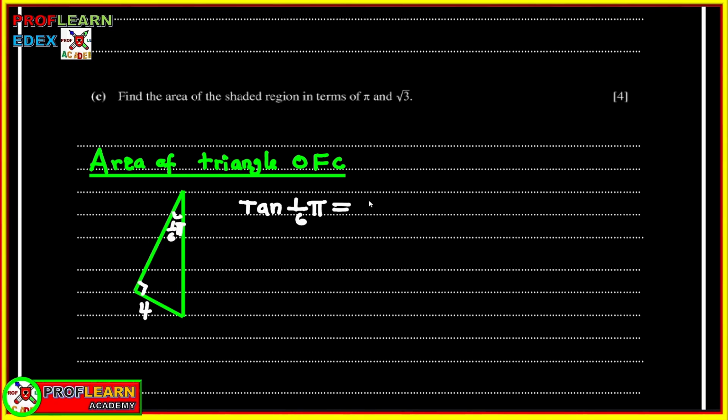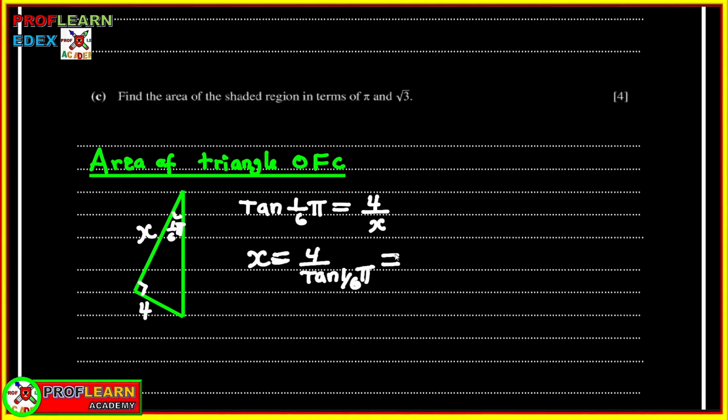So I can find the height of this triangle, because I'm going to use half base times height. So I can use the angle and the opposite side, which is 4, in order to find the height of this triangle, which I can call x. So our x is going to be actually 4 over tan 1 over 6 pi.